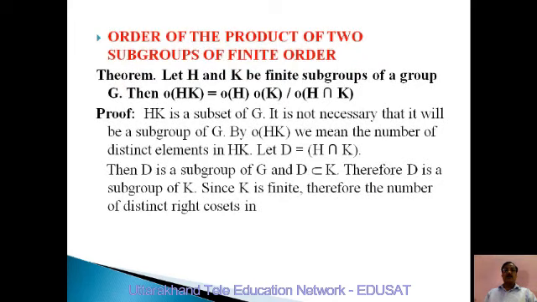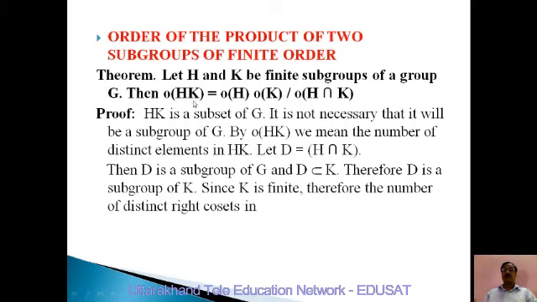Now we have the order of the product of two subgroups of finite order. An important theorem: let H and K be finite subgroups of a group G. H is a subgroup, K is a subgroup.